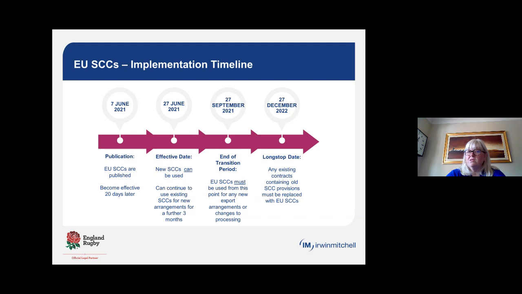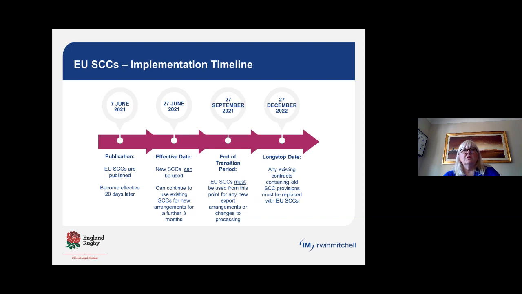So until 27th December 2022, existing arrangements can stay on the old standard contractual clauses, but by 27th December 2022, if you are talking about data that is subject to EU GDPR, you have got to have migrated onto the new versions of the standard contractual clauses.